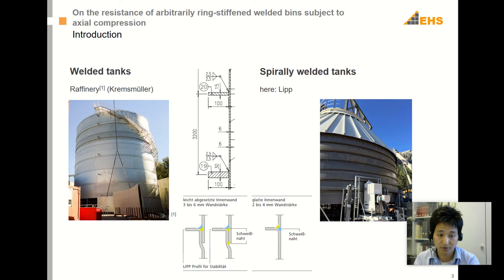This kind of stiffener can not only prevent buckling due to wind, but also reduce the risk of stability failure of the shell structure caused by axial compression.